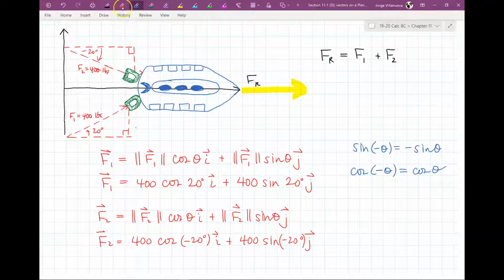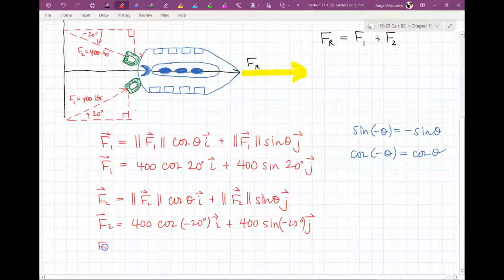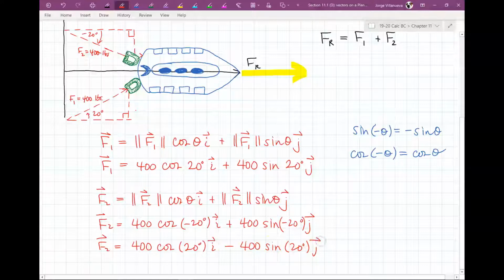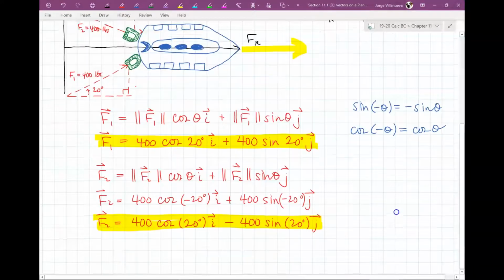So that means I can rewrite force 2 as 400 cosine of 20 degrees i minus 400 sine of 20 degrees j. So here are my two forces that I'm going to use to figure out my resultant force. I want to find F sub r, my resultant force, using those two forces.